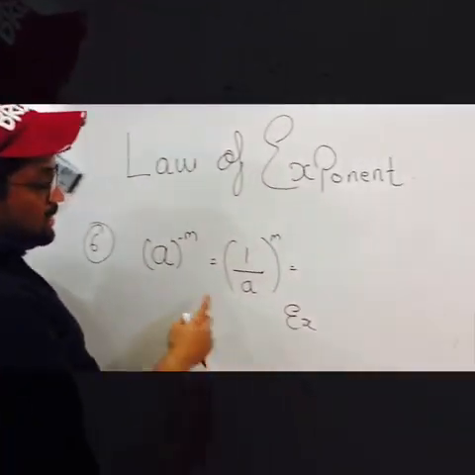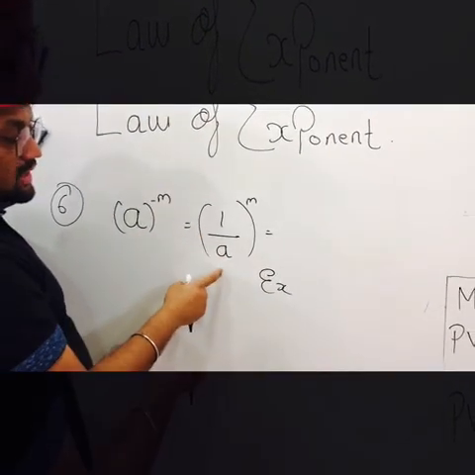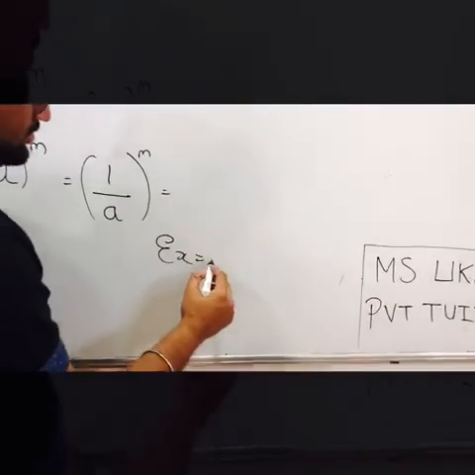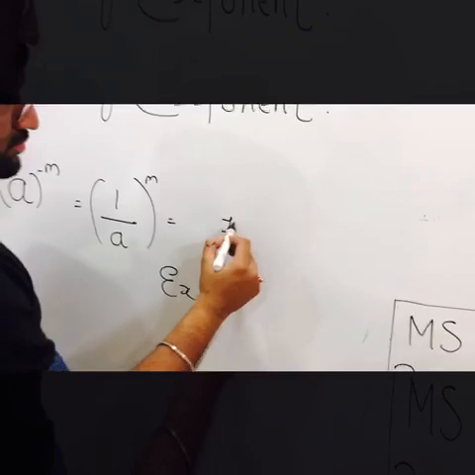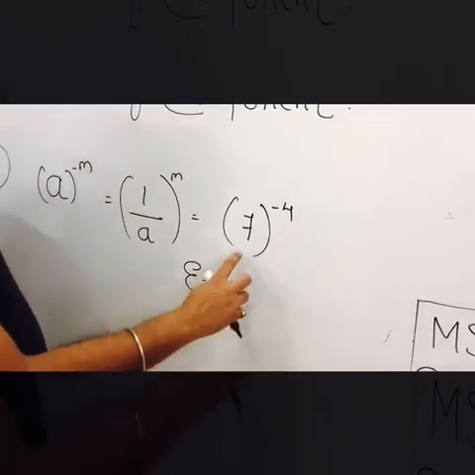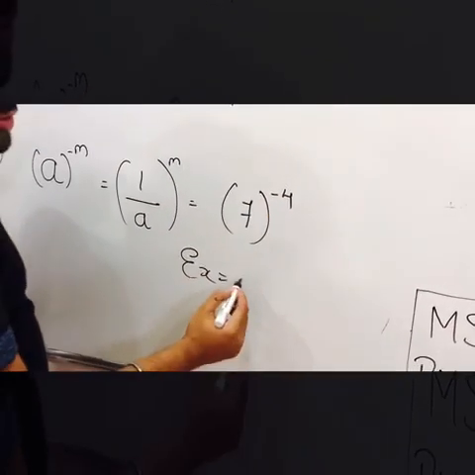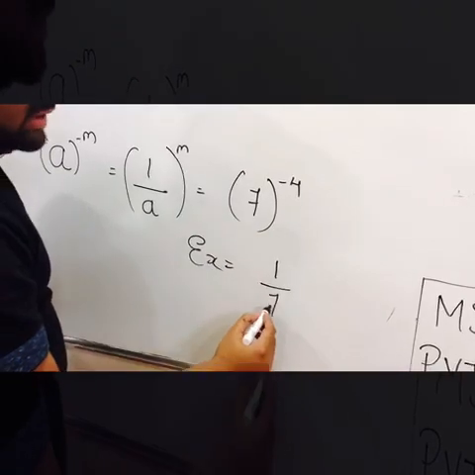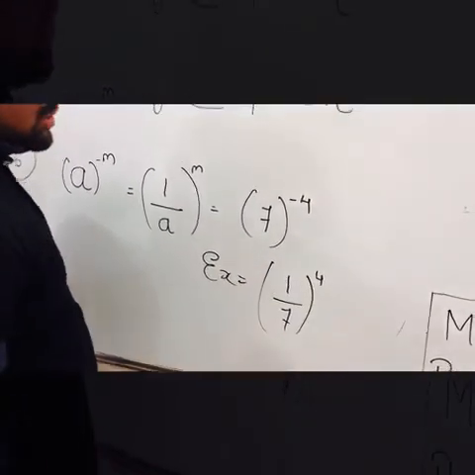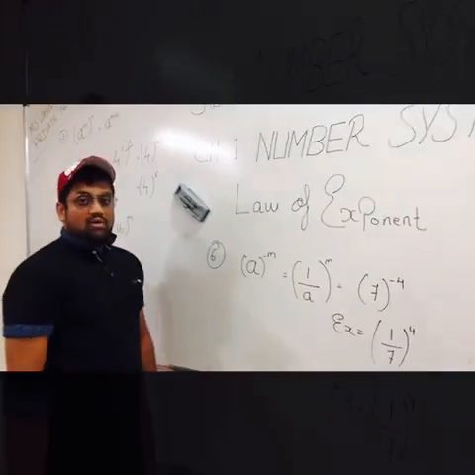Let us see here, the formula is, see, our a will become reciprocal and the power becomes positive. Let us see the example. This is our question. 7 raised to minus 4. Minus 4, our power is negative. So our answer will be 1 upon 7, the base will become reciprocal and the power will become positive. So these are the 6 rules related to the law of exponents.